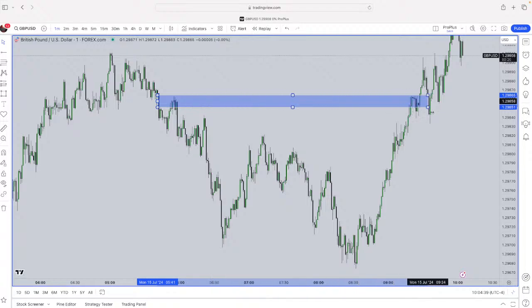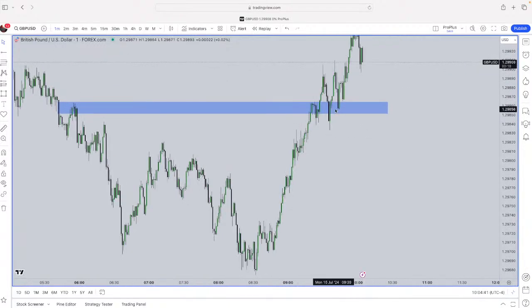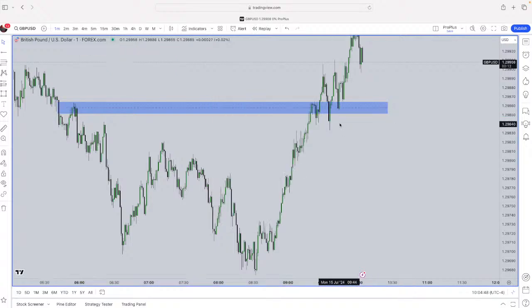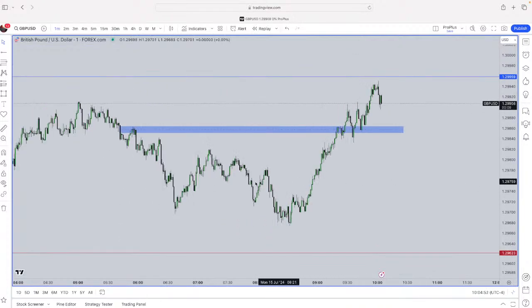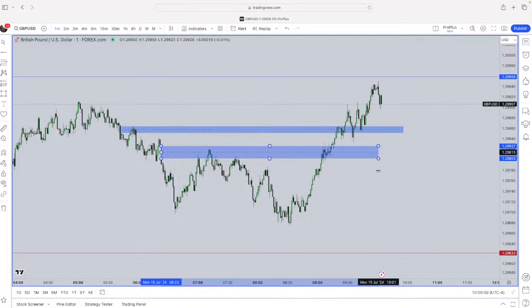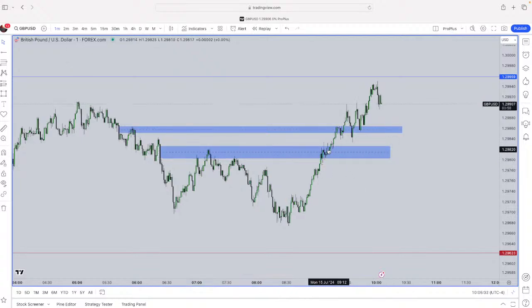Okay, draw that across. Look how price respects that there. Get the midpoint. Look at the midpoint there. Do it again. SIBI here. Supports that there as resistance. Draw that across. It starts respecting its support.